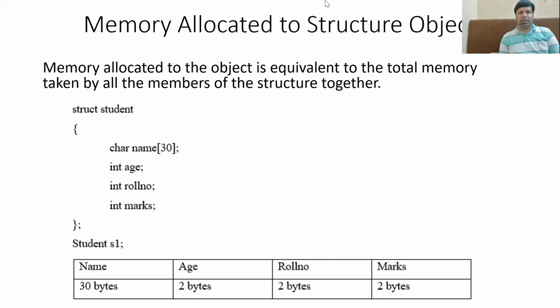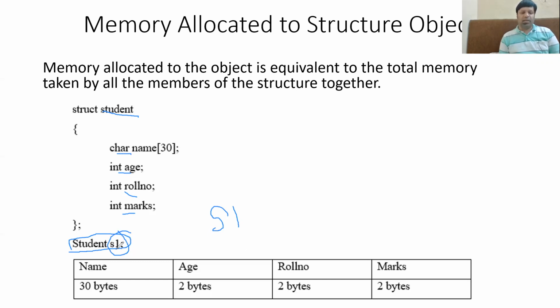Now in this example, as you can see, a student structure has been created with 4 data elements, and then using this statement an object named S1 has been created. Now the memory will be allocated to this object S1, but the question arises, how much memory?